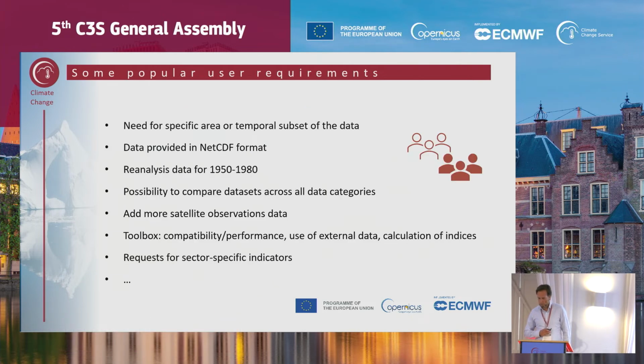I just give you an example of a couple of popular requirements. So one recommendation, for example, the first one, that users have needs for specific regions. They're interested in a country or in a specific time, a specific month, specific year, etc. And this is basically now possible with the catalog, with the toolbox, etc.